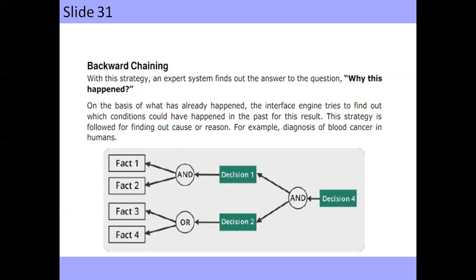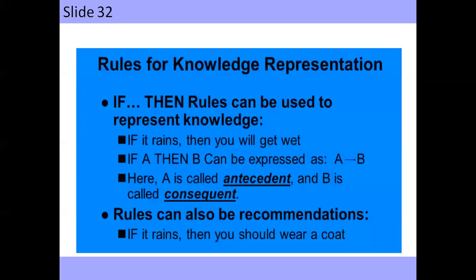On the basis of what has already happened, the inference engine tries to find out which condition could have happened in the past for that particular result. So this strategy is followed for finding the cause or the reason. For example, if I'm evaluating whether a particular person has a particular disease or not, that can be determined with the help of backward chaining.